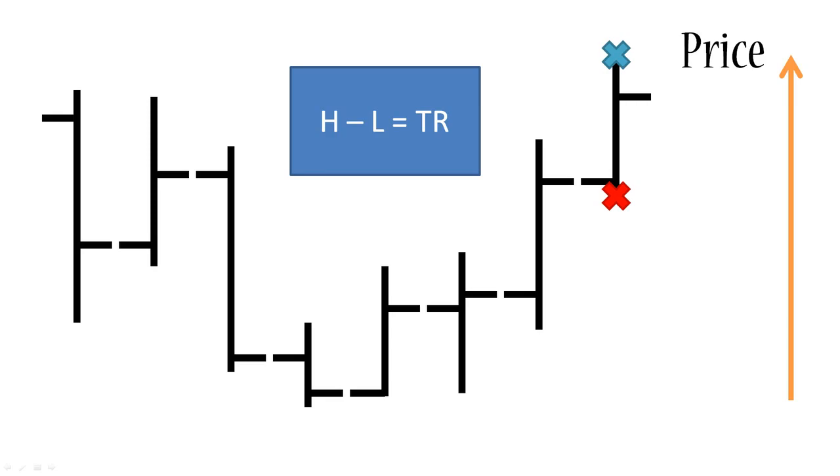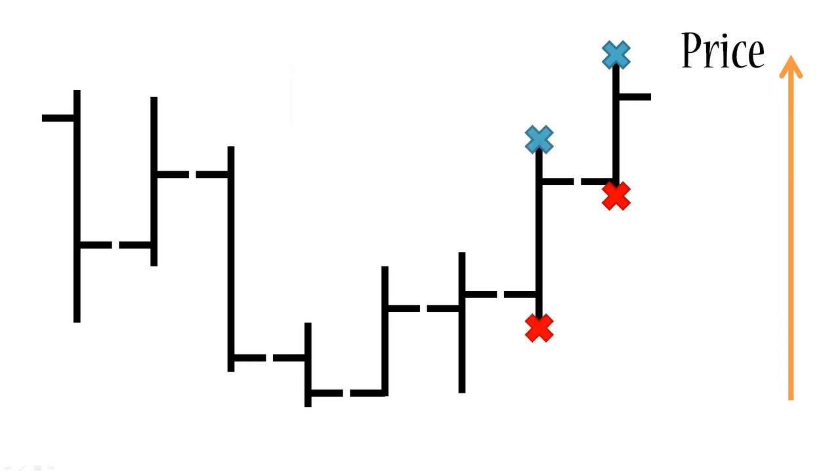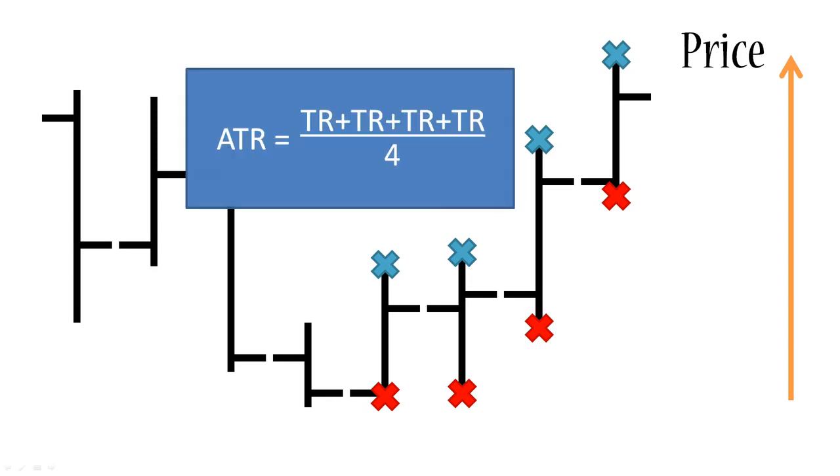Next, let's take the true range for the next bar, and then the true range for the bar after that, and then we'll take one more true range. What we're going to do with all of these four true ranges is take the average of these four true ranges, and that will give us the average true range in the past four bars.